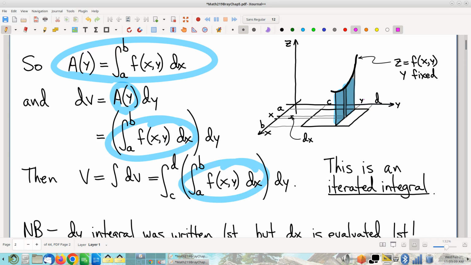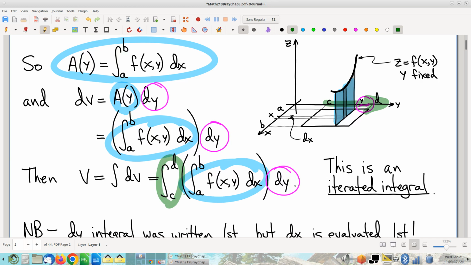Area times thickness. Right, thickness in the y direction is what gives us volumes, right? And I'm adding that up. Let's see here, color choices. We're adding that up over all values of y from C to D. And that gives us the volume.